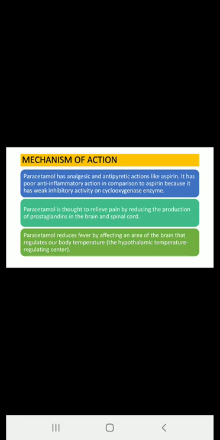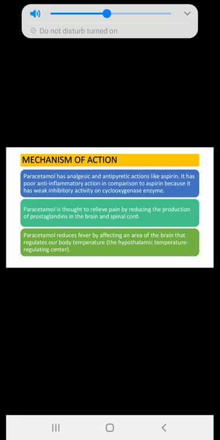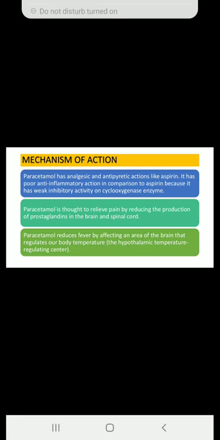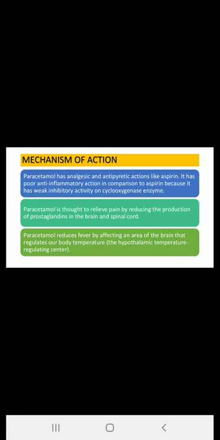Paracetamol reduces fever by affecting an area of the brain that regulates our body temperature, the hypothalamic temperature regulating center. Our normal body temperature is 37 plus or minus 2 degrees Celsius. How is it regulated in our body? This is related to the hypothalamic temperature regulating center.